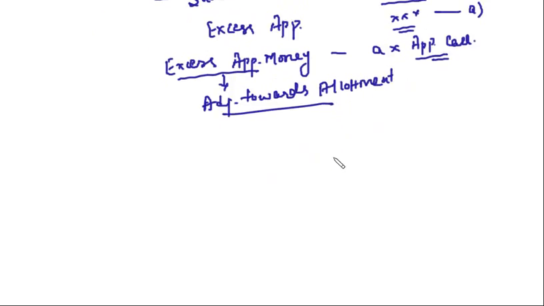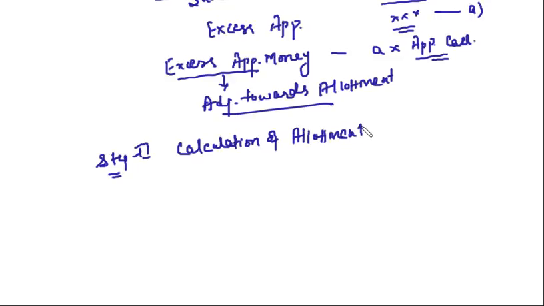What should be the second step? Step 2 should be calculation of allotment money received.